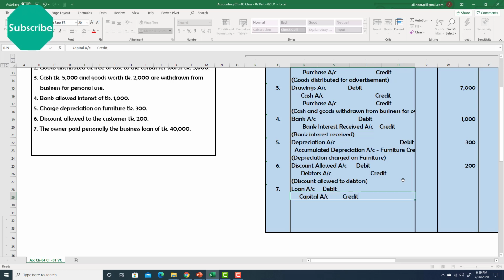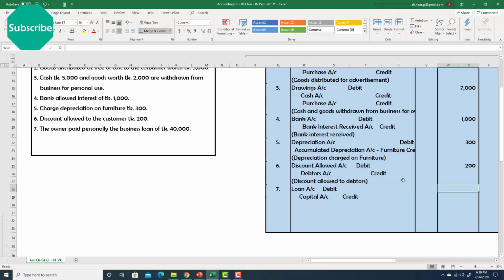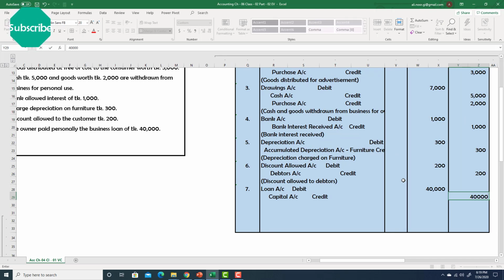Since the owner paid the business loan from his personal asset or cash, it will increase his capital, and since the loan of the business has been repaid, we need to debit the loan account. Okay, so right here 40,000 debit and 40,000 credit.